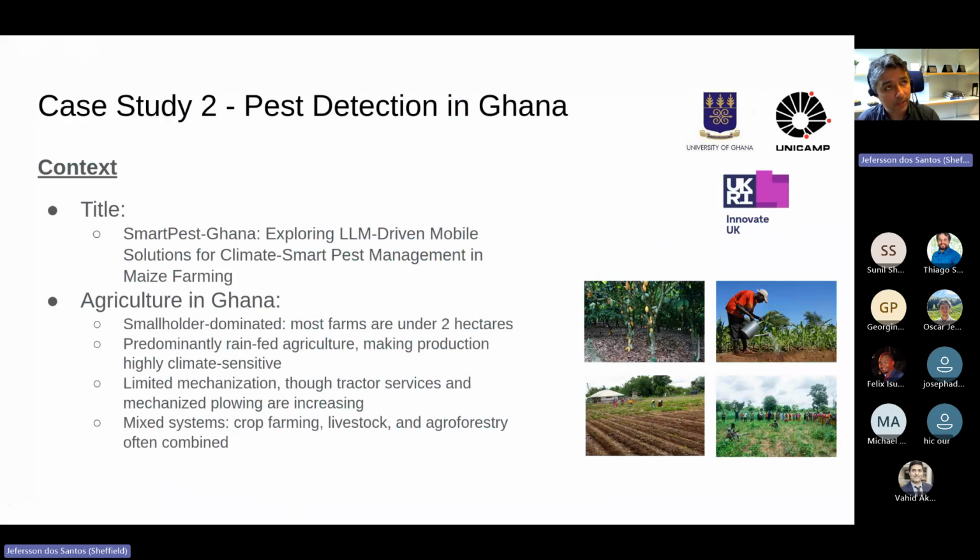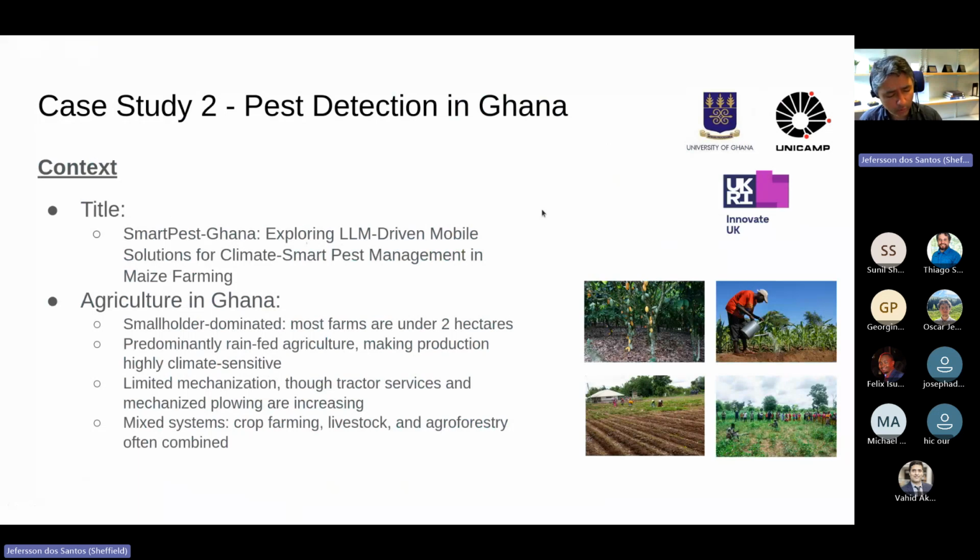An interesting aspect about Ghana is that agriculture is very important, but there are a lot of difficulties to monitor the progress of the crops, and most of them are family farms, with very limited mechanization. So the context of this project is to perform some kind of partnership with Ghana to provide some tools.